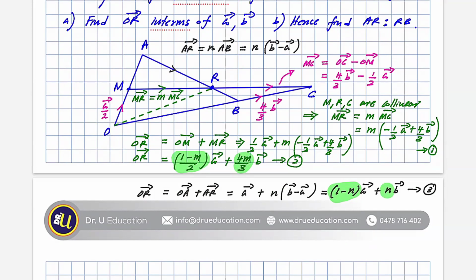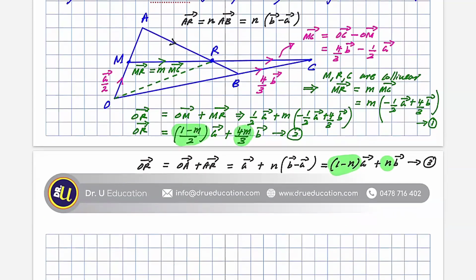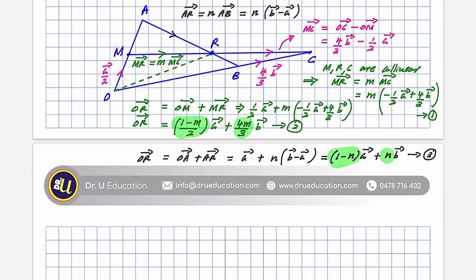So you get two simultaneous equations now. (1 minus M) divided by 2 is equal to 1 minus N. That's your first simultaneous equation. The second, 4M divided by 3 is equal to N. That's going to be your other equation, right?